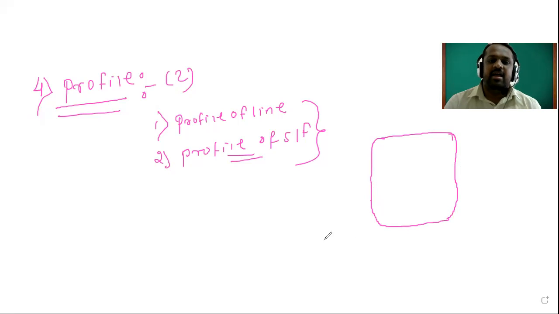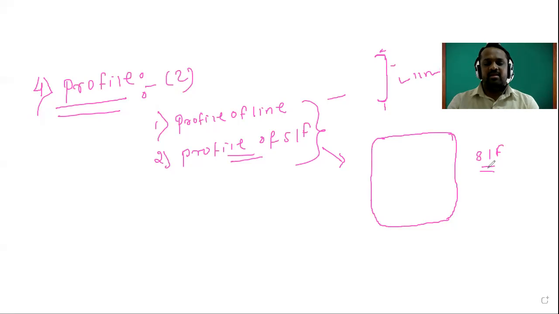Okay, and what is the profile of line? I have to show the profile of line only like this. So this is the radius, and this is the straight. It's called the profile of line. It is the profile of surface. Understood? Yes. For example, take the example of the charger.